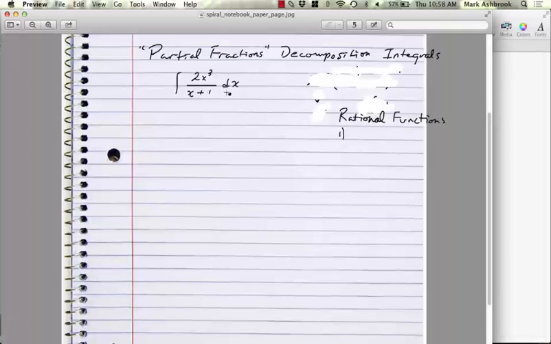First thing is if the degree of the numerator is greater than, actually, or equal to the denominator, then long divide first.